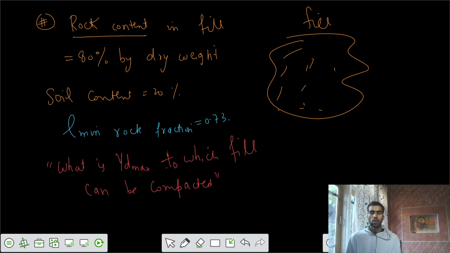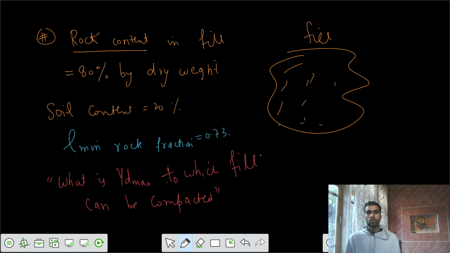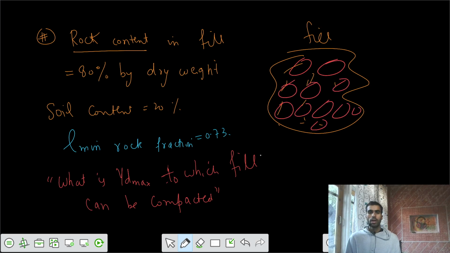Your fill is actually the sum of rocks plus soil. The void ratio for the rock part is 0.73. From that we can get the density. At the minimum void ratio we can get the maximum density for the rock fraction.